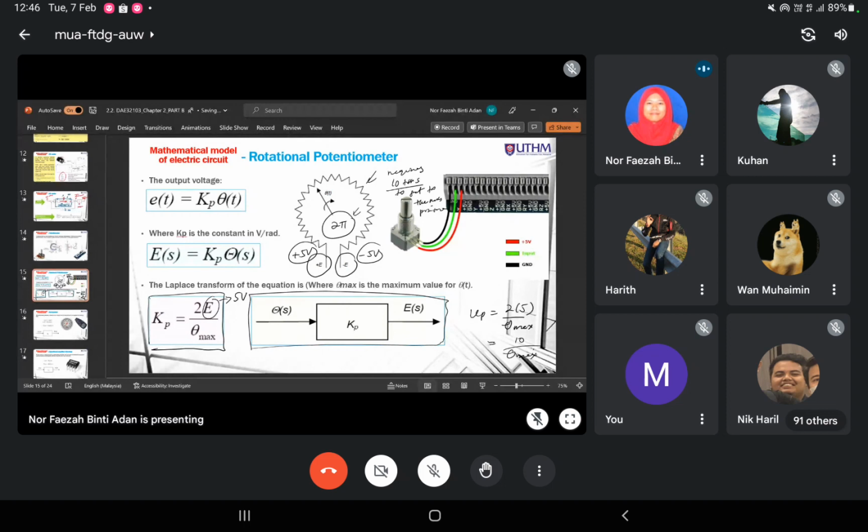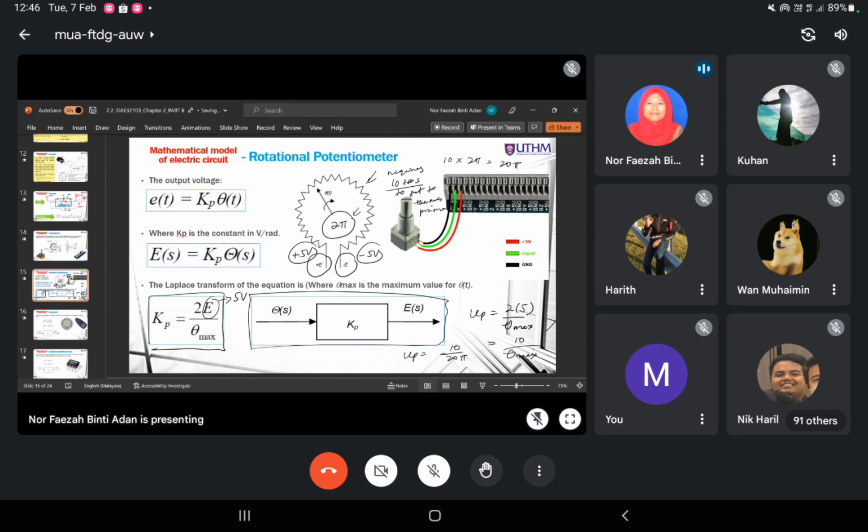Okay, so kalau dalam this case theta max saya perlukan 10 pusingan for it to reach this value. So dia akan jadi 10 turn darab dengan 2 pi sama dengan 20 pi. So Kp equals to 10 over 20 pi.